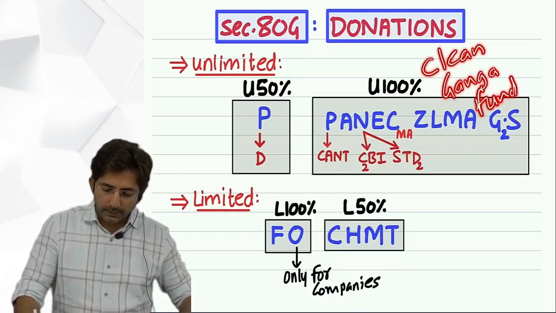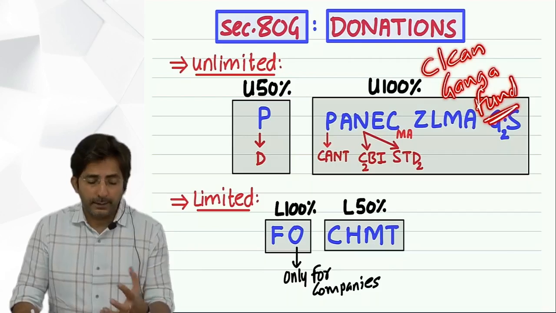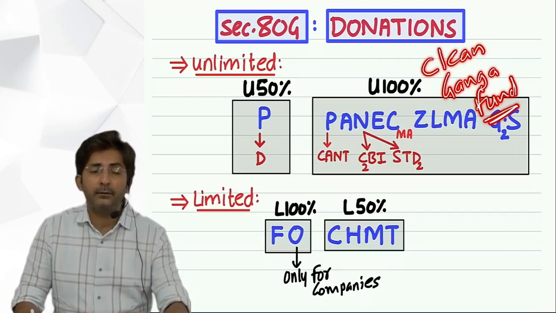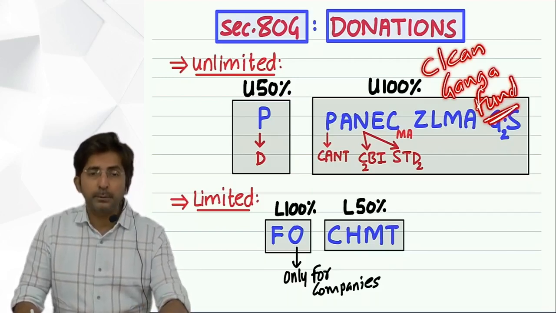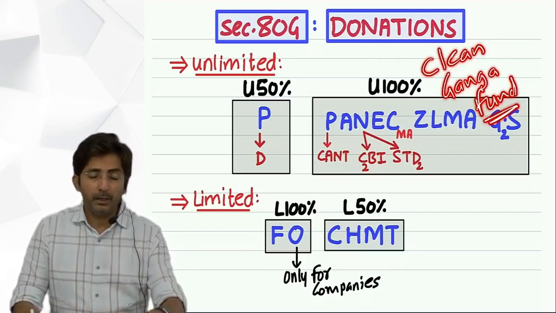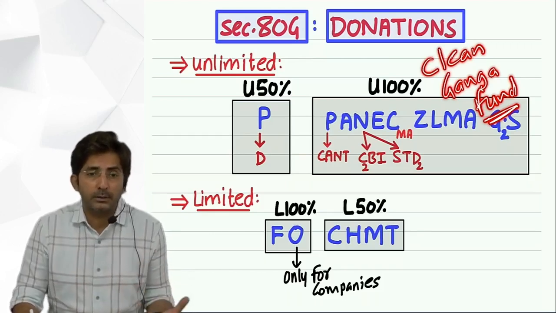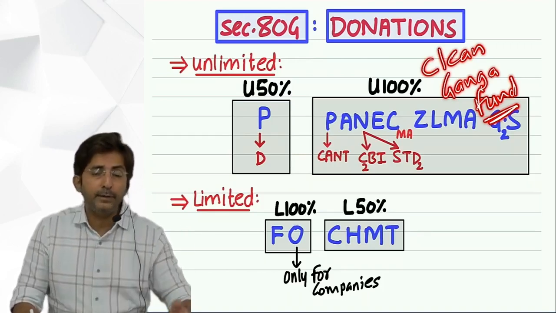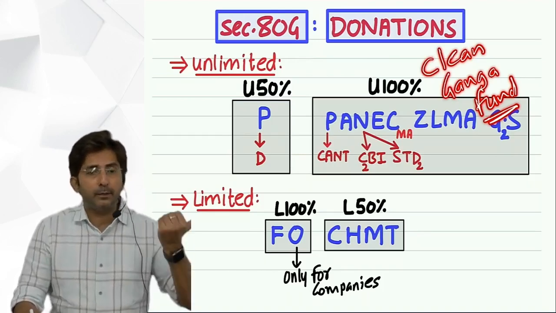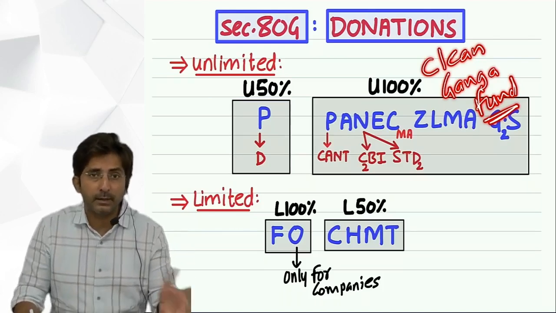Means this fund is collected so that our Ganga river, which is holy river, in Hindu religion we treat Ganga river as the most holy river, and this river has become polluted. People have literally polluted the river Ganga. So our prime minister wants that we should clean Ganga on regular basis. But to clean the Ganga, we need money. For that, they are collecting donation, which is in the name of Clean Ganga Fund. Okay, Ganga is the river. I hope you know that.